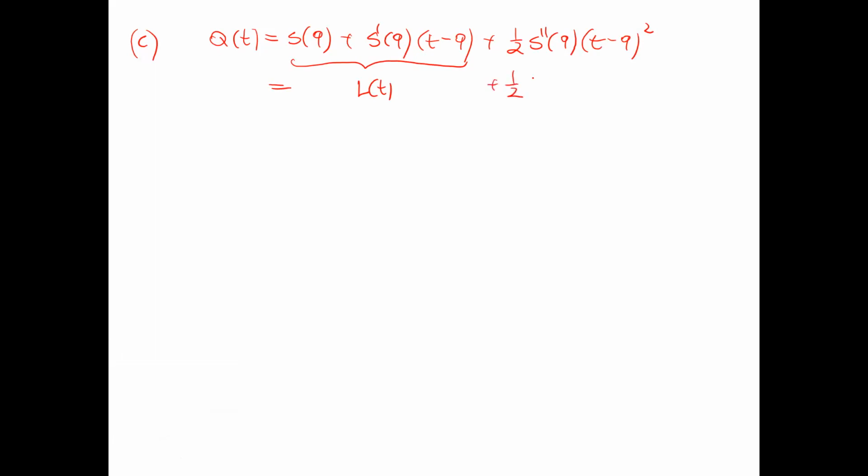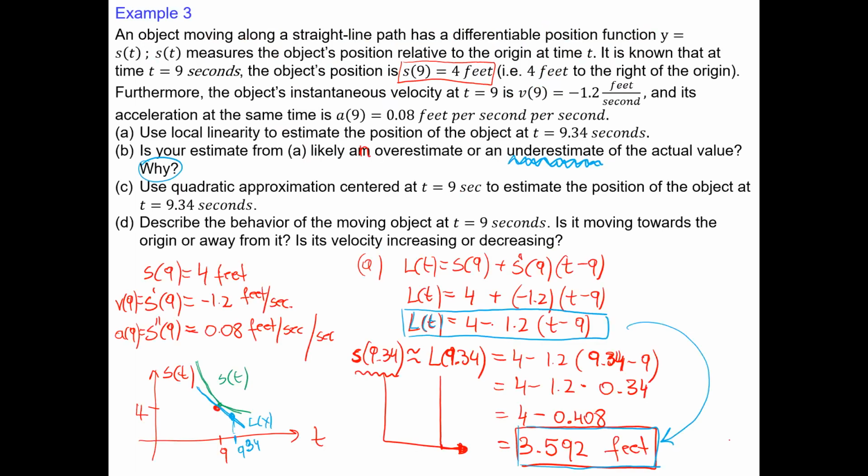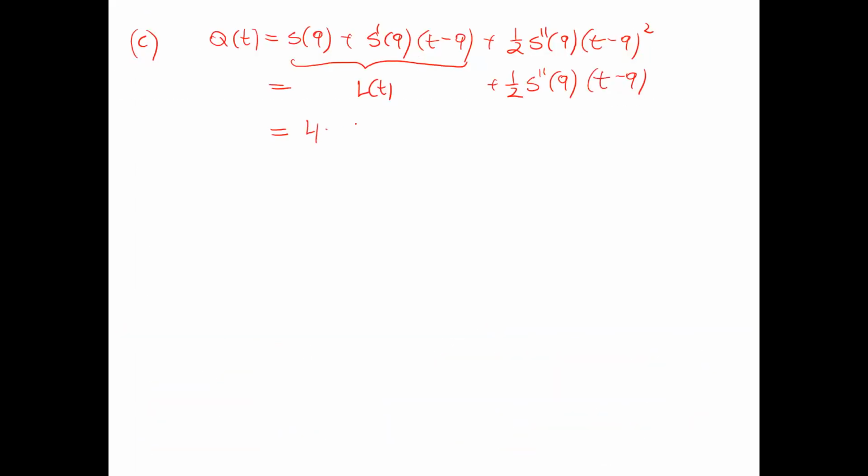Plus 1/2, oh, we can actually find out. Let me put this. What was the linearization? 4 minus 1.2 times t minus 9, and then plus 1/2 times 0.08 times t minus 9 squared.